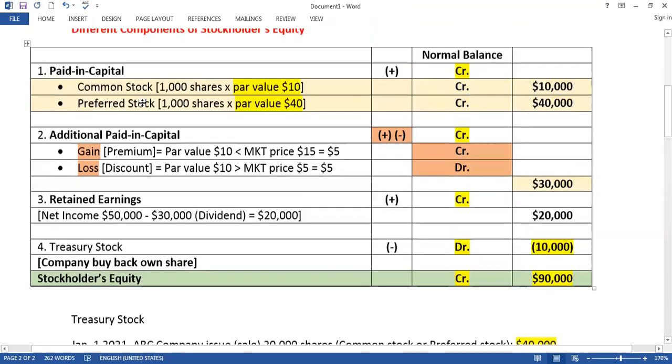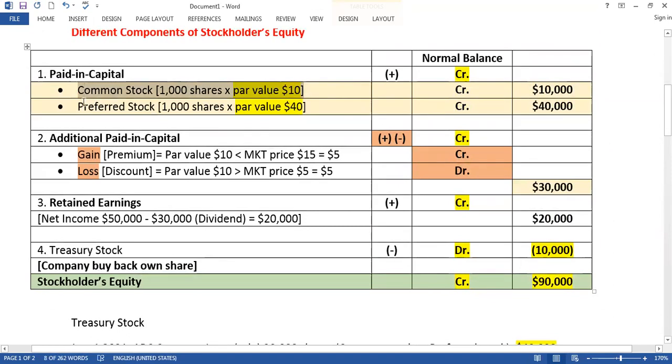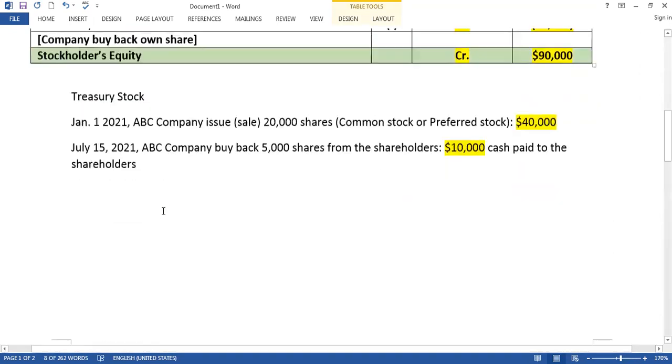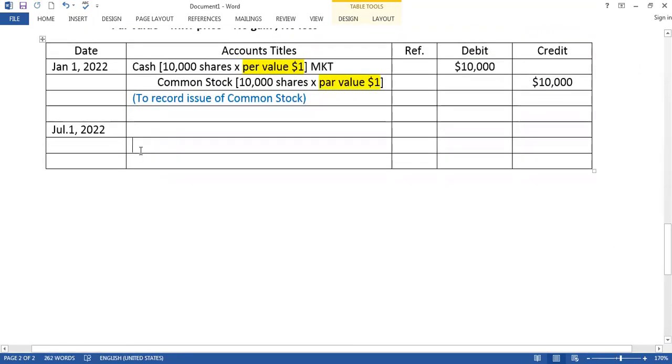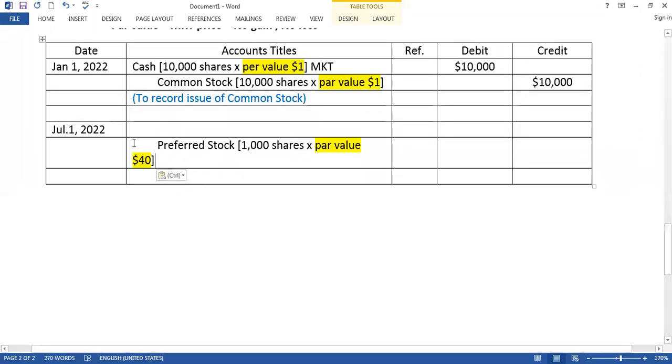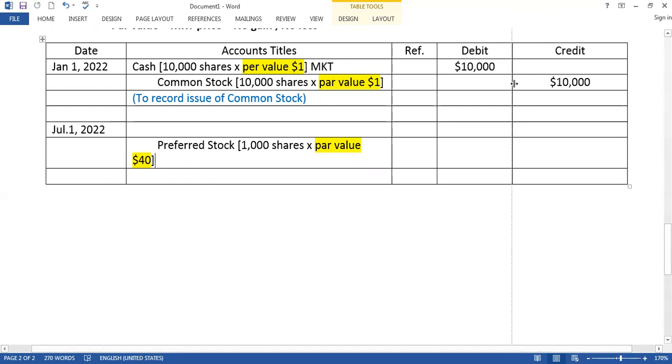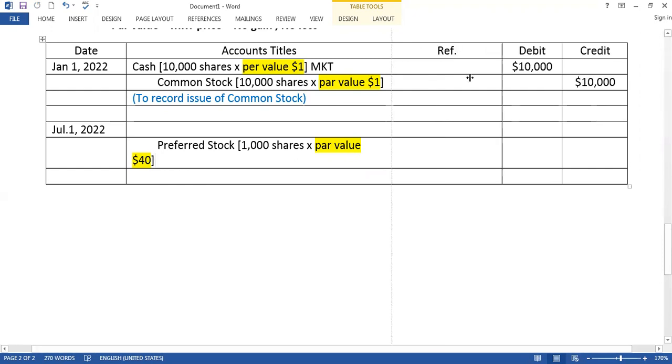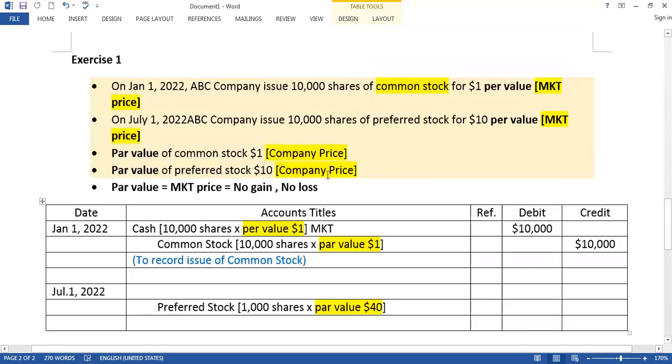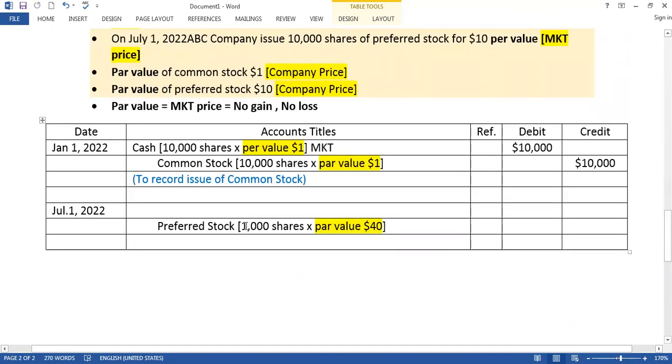Again, preferred stock. Look here: common stock credit, preferred stock also credit, right? So we record preferred stock credit. We sell 10,000 preferred stock for the company rate.